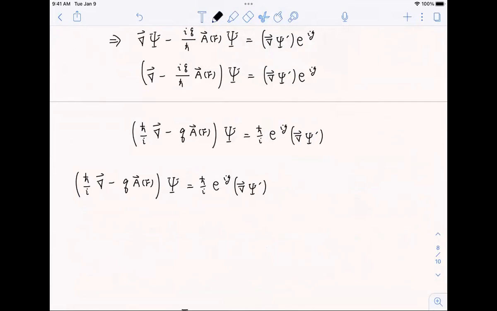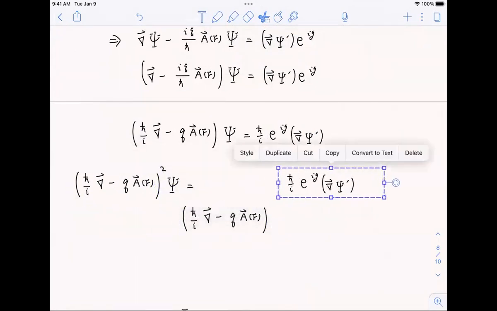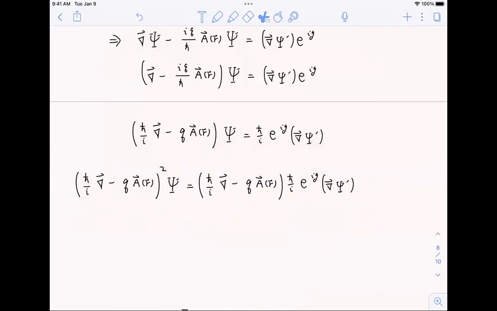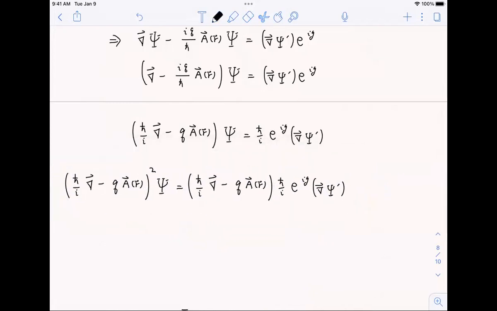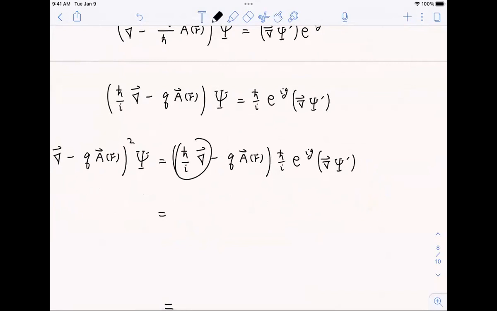Okay, so you have a square here. So we're getting there. So we're going to separate it. The first one will be this term times this term, so it will become negative h bar.